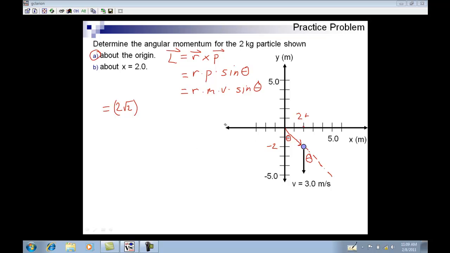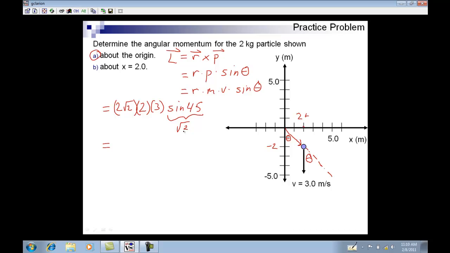Then I take the mass. The mass of the object is 2 kilograms. Its velocity, we said, was 3 meters per second. And the sine of 45 is what?